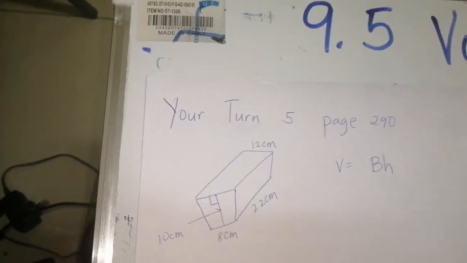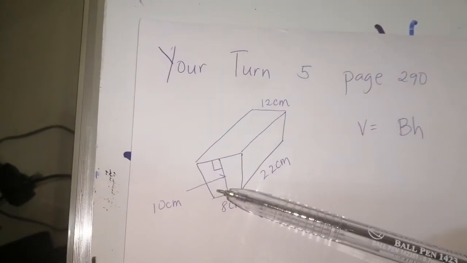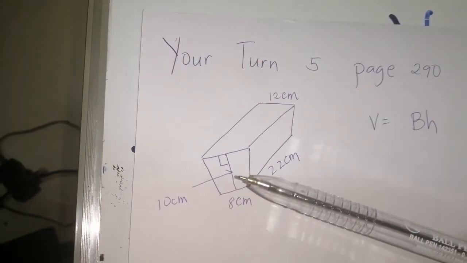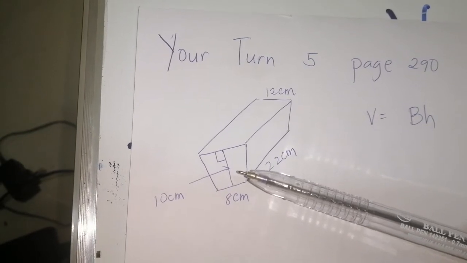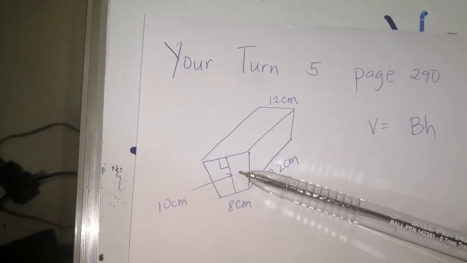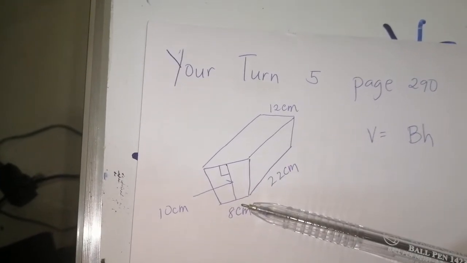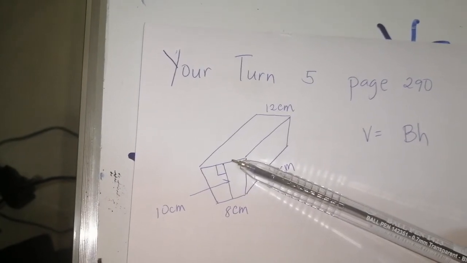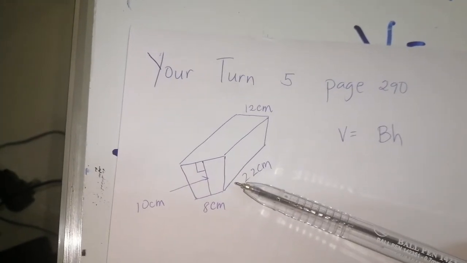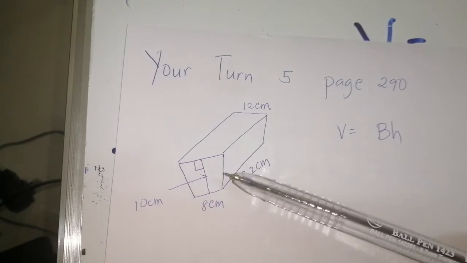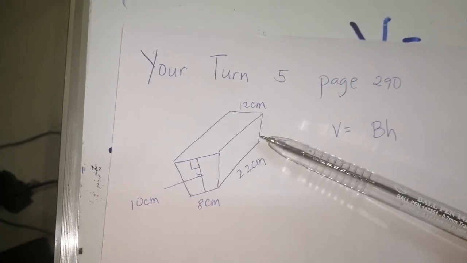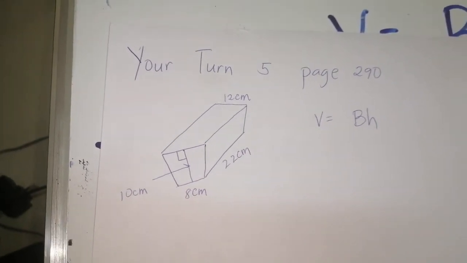Let's name it first. The height of the trapezoid is 10 centimeters. Base 1 is 8, base 2 is 12. And then you have the height of the whole trapezoidal prism. If you stand this, that is 22 centimeters.